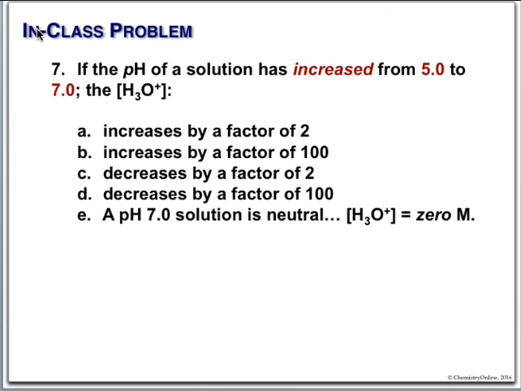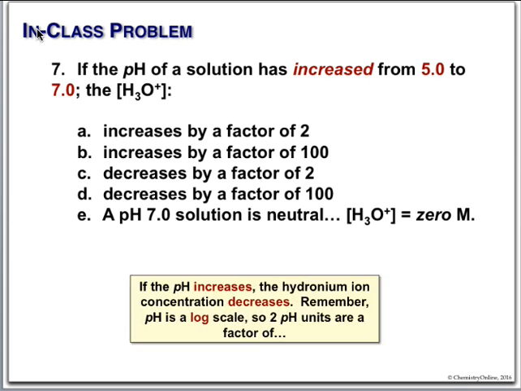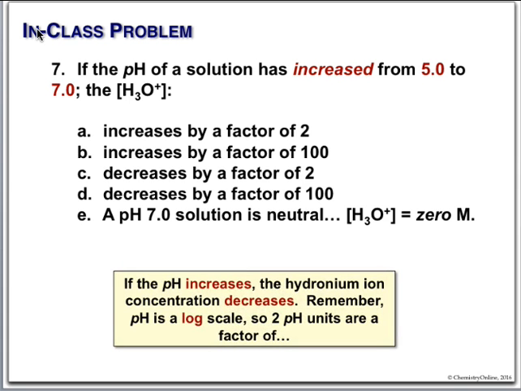Well, remember, the lower the pH, the stronger the acid. Right? So we are going from a stronger acid to a weaker acid. Every pH unit is a power of 10, isn't it? So we have 2 powers of 10, and that's 100. pH increases, hydronium decreases.